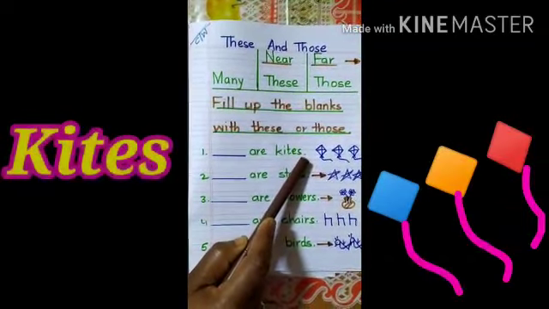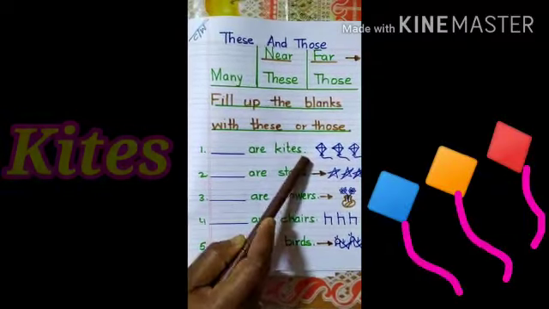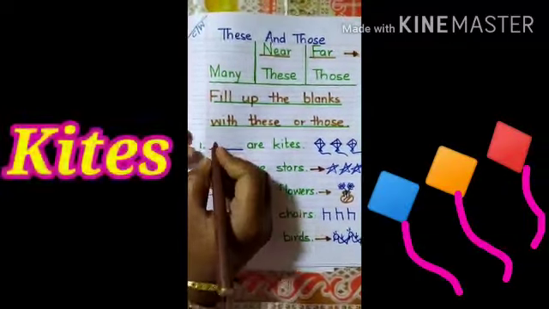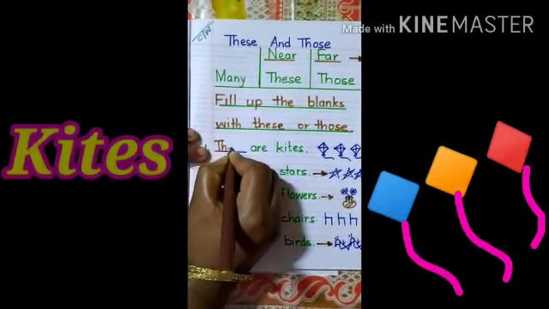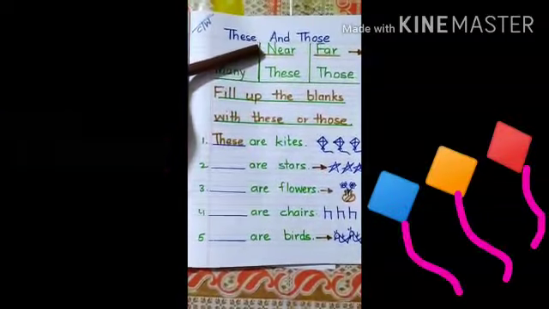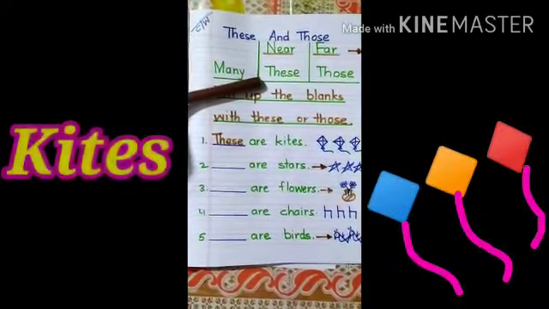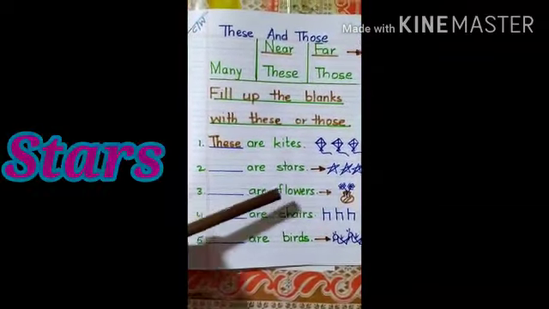Is any arrow here? No. So what you are going to write children? You have to write these, because when there is no arrow, that means it is near. So for near, what you have to write children? These.